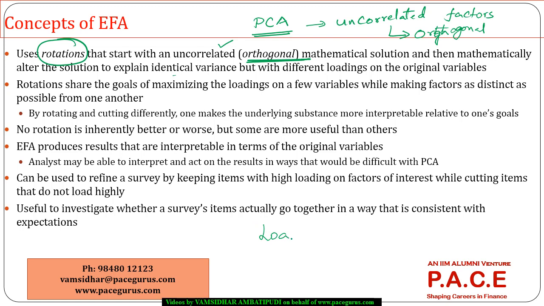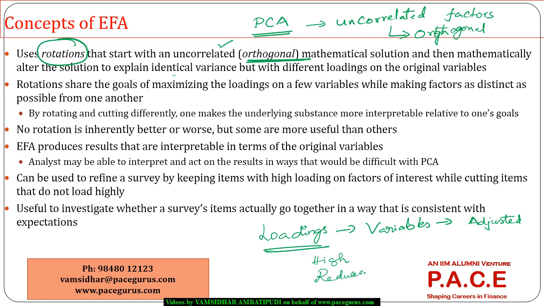Here what happens is the loadings on the individual variables get adjusted. Different combinations of the loadings on the individual variables will be looked at, wherein the loadings on a couple of variables will be very high and the loadings on the others will be reduced, so that the component can be very clearly linked with a couple of variables only. So this is what we call a rotation.